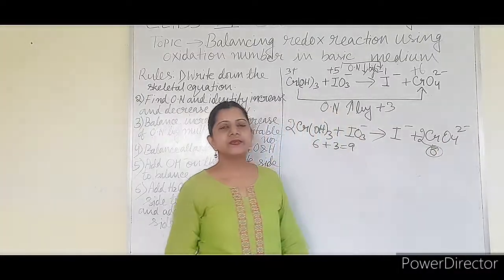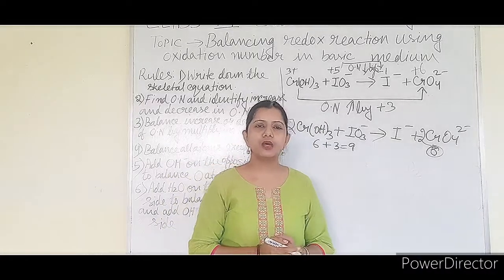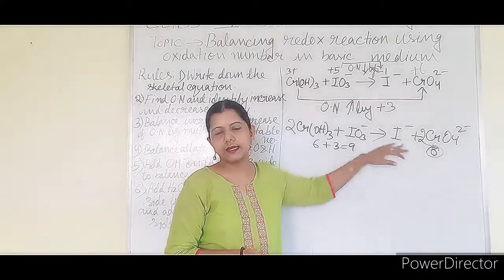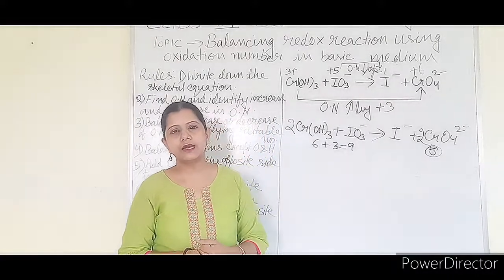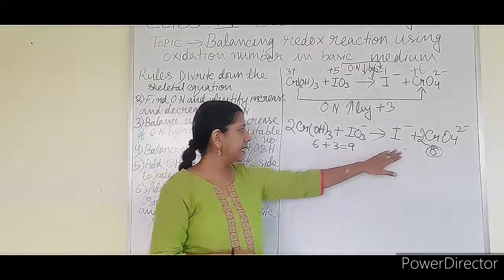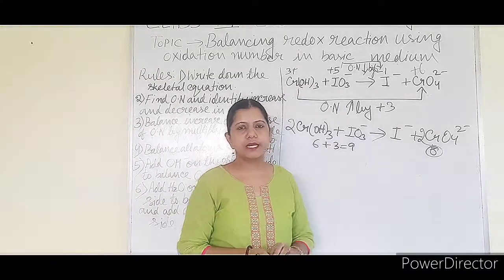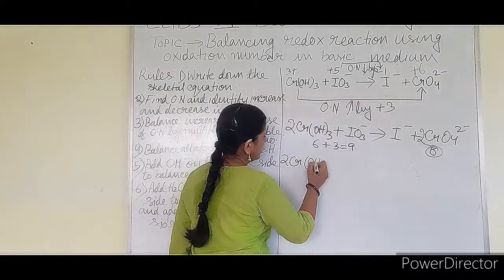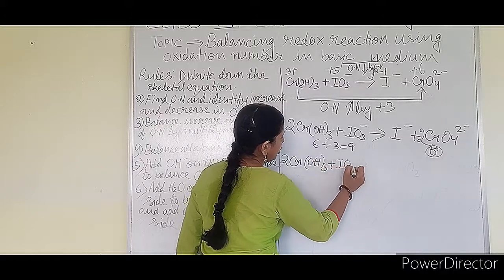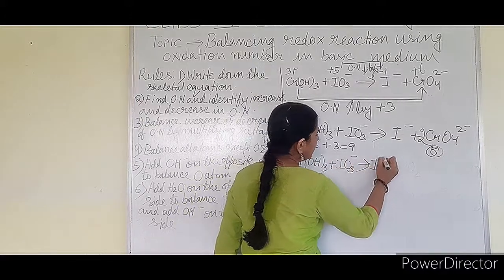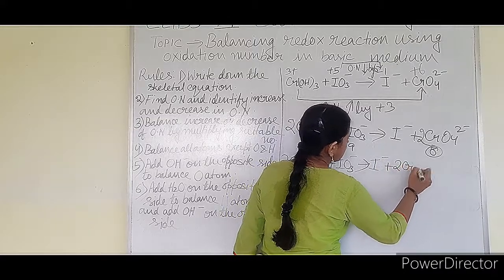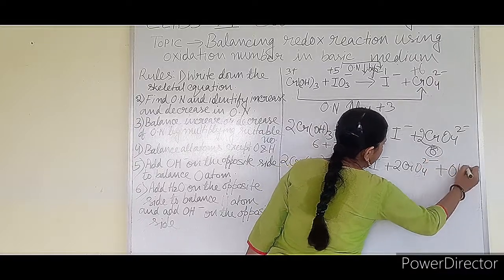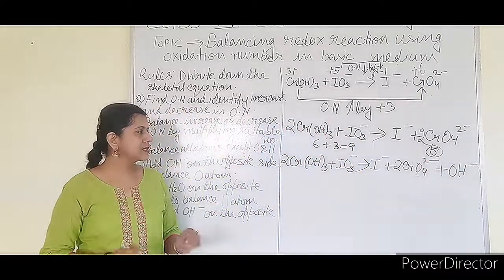So in the deficient side, I have to add OH negative ion. That means the deficient side is the product side. How many OH negative ions will I add? 1, because the difference between 9 and 8 is 1. So let me write 2 Cr(OH)3 plus IO3 negative gives you I negative plus 2 CrO4 2 negative plus 1 OH negative. Okay, oxygen is balanced.